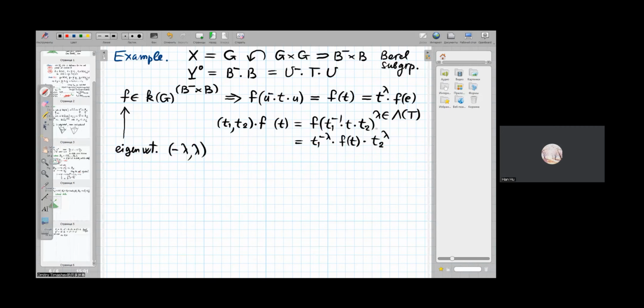So the weight with respect to the first factor, with respect to T sitting in B minus, is minus lambda, and the weight with respect to the second factor is lambda.